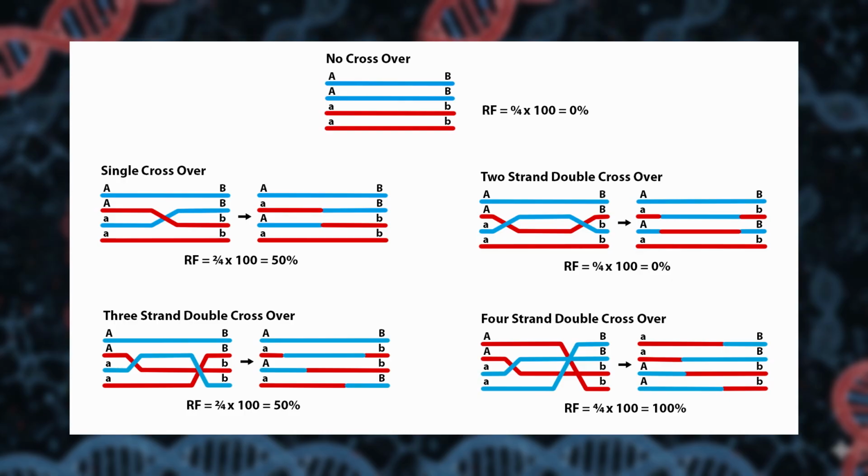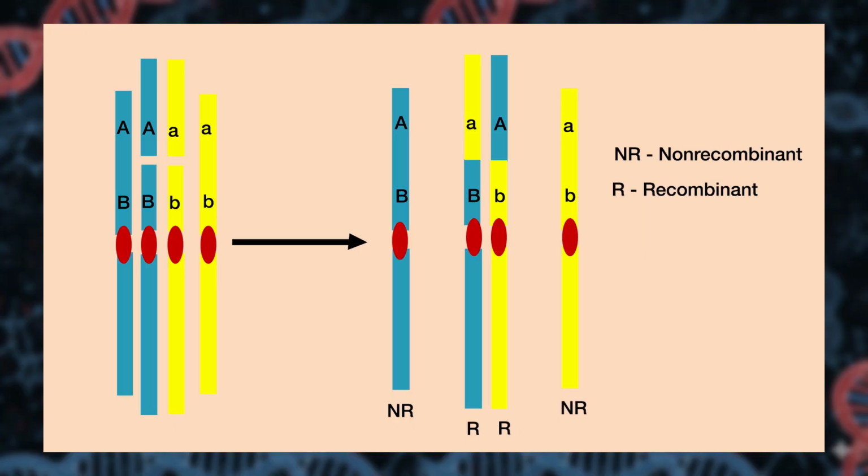However, double or multiple crossing over may involve all 4, 3 or 2 of the 4 chromatids, which is very rare. Crossing over leads to recombinations or new combinations between linked genes. Crossing over generally yields 2 recombinant types or crossover types, and 2 parental types or non-crossover types.